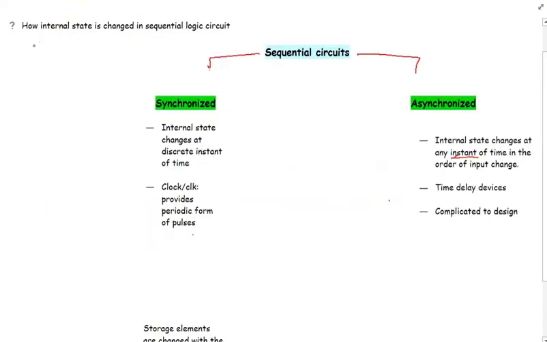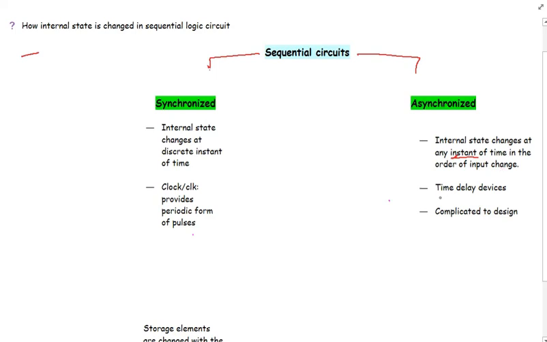Now the question arises: how is the internal state changed in the sequential circuit? For this, we need to understand that sequential logic circuits have two types. One is synchronous type and another one is asynchronous type. In the asynchronous type, the internal state is changed at any instant of time in the order of input change. So how the input changes, the output will completely depend on it.